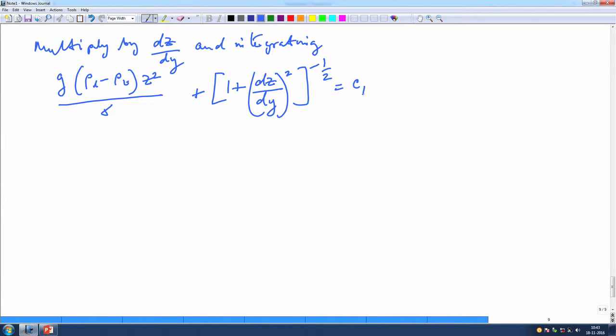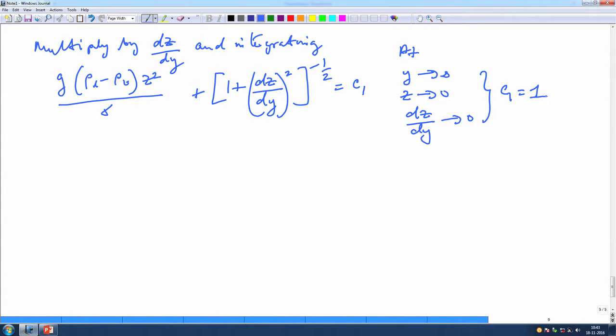The boundary conditions are: at y going to infinity, far away, and z going to 0, dz by dy should also go to 0, because the curvature becomes non-existent. There is no relative slope between z and y at that interface anymore. So, this should lead to C1 going to 1.